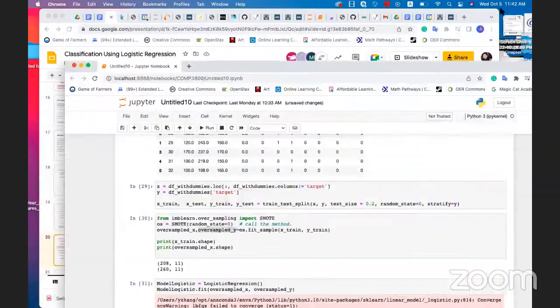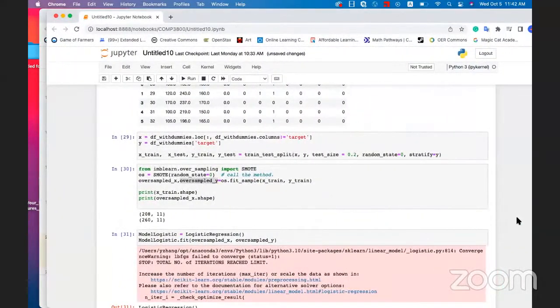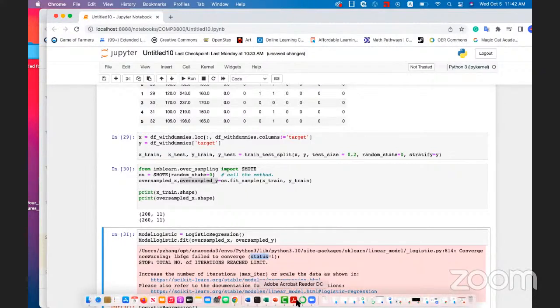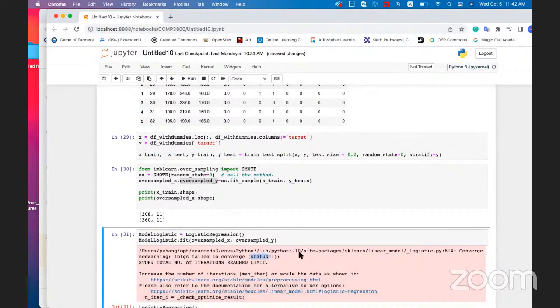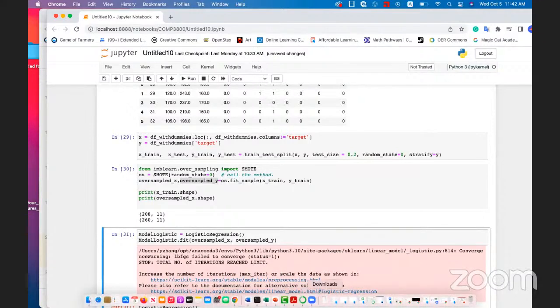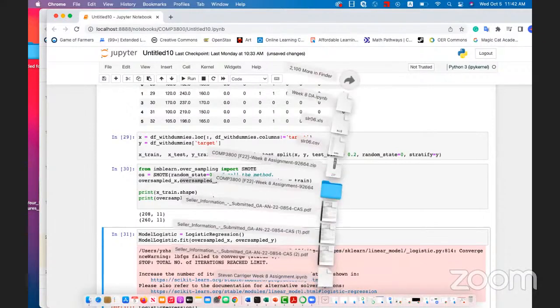Okay. Oftentimes, it will give you a warning when your data set is large. It may give you a warning that the total number of iterations reach the limit, and then I will change the max iteration.